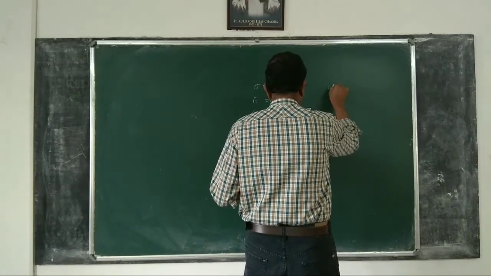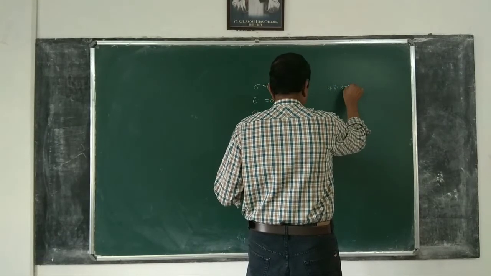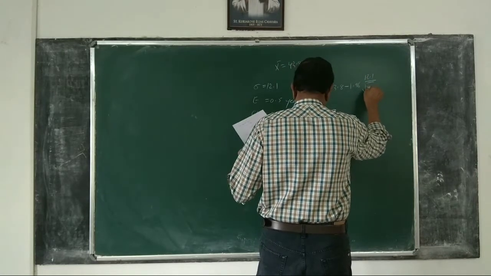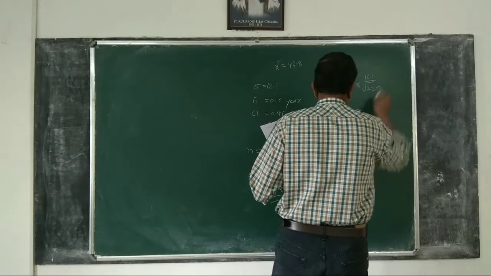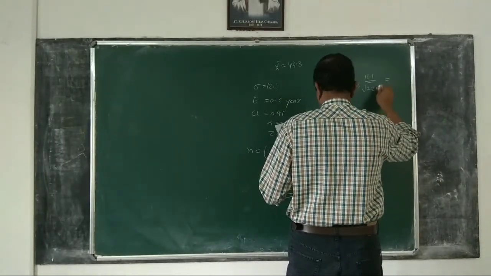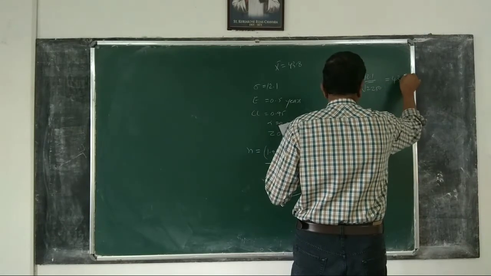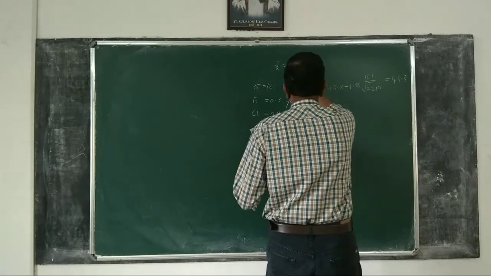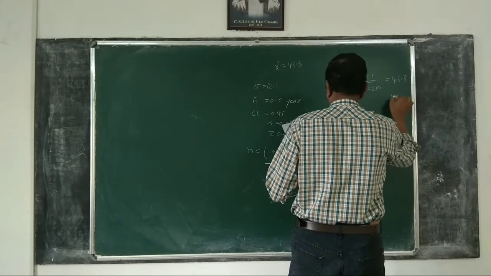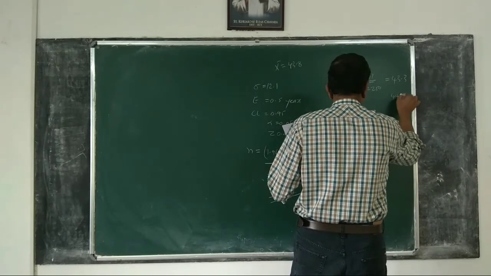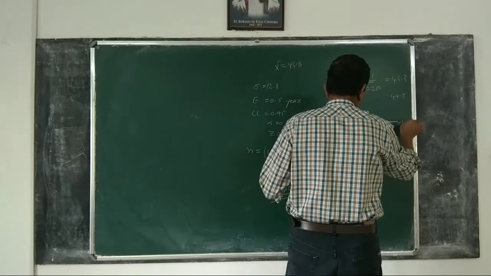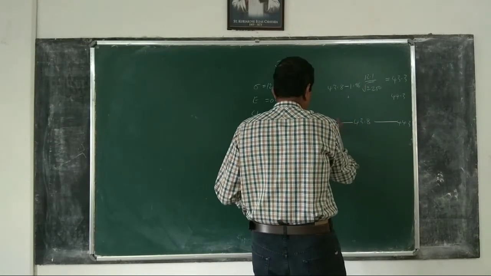Then 43.8 minus 1.96 into 12 by root of 2250 is equal to this quantity, 43.3 if it is minus, and if it is plus, it is 44.3. So 43.8, 44.3, 43.3.